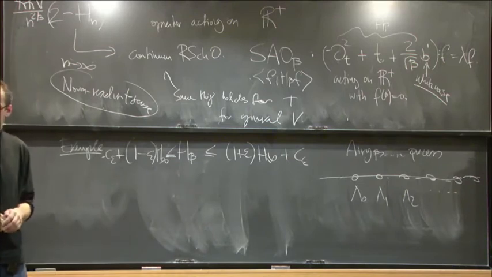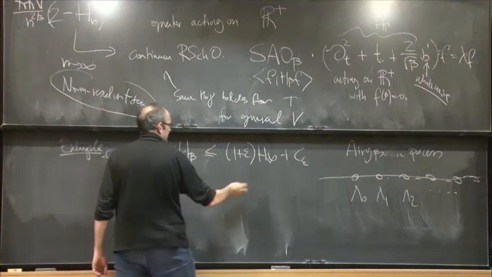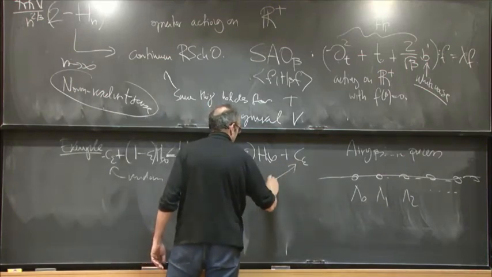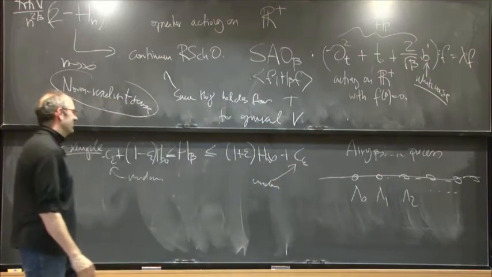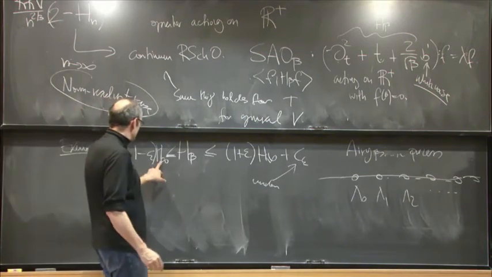Okay, so for every epsilon, yeah, these C's are random, but the epsilons are not. Maybe they can be the same. So, and what is H infinity?